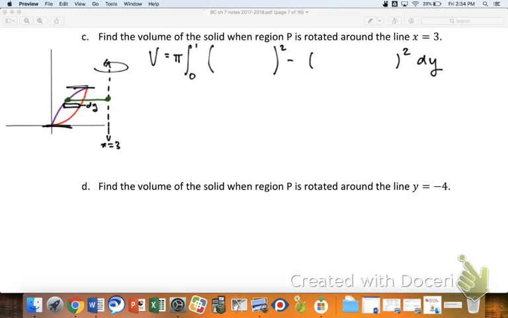And this is what weirds people out. We're not going to draw from the x-axis or from the y-axis. You've got to draw from the axis of rotation. And Jasmine, what you said a second ago is right. It's going to be 3 minus the purple function. Can we talk a little bit about why?